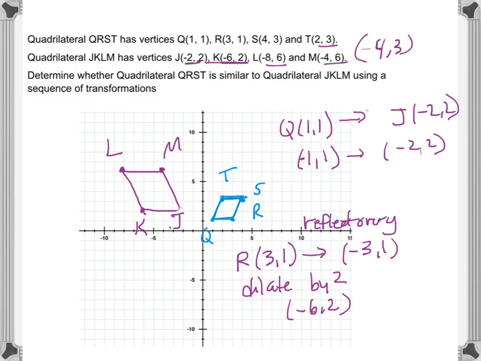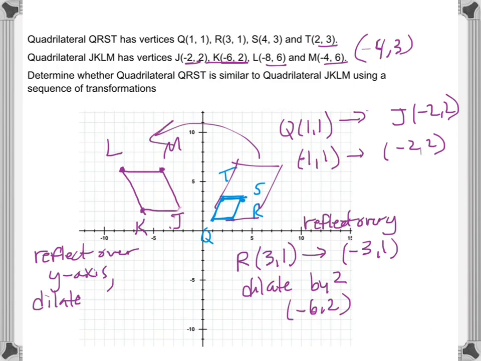So the series of transformations was reflect over the y-axis and then dilate by 2. And I bet you could even do that in the other order. If I dilated this by 2 and then reflected it over, it would be getting the same thing.